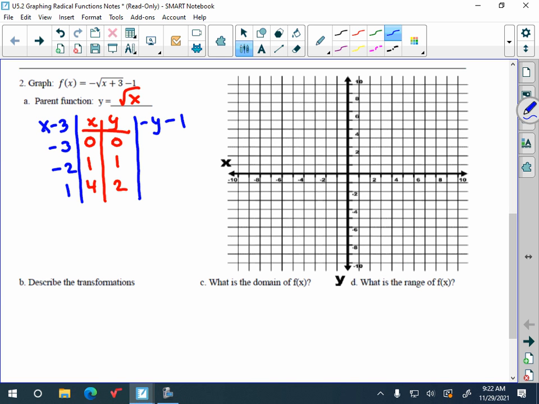Minus 1 is negative 1. Plugging positive 1 in for y, multiplying it by the negative turns to negative 1, then subtract 1, be negative 2. Plugging 2 in, so that becomes negative 2 minus 1 is negative 3. And we'll plot those 3 points.